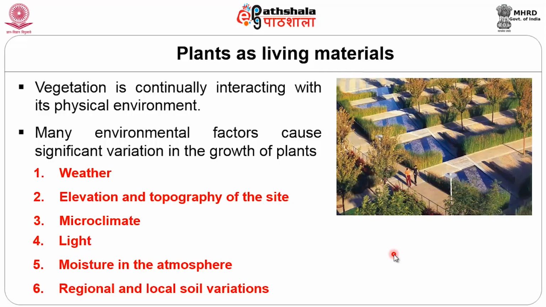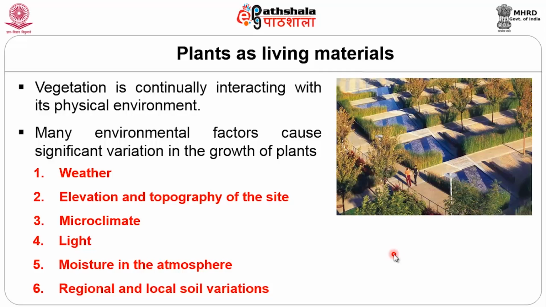Light is also an important factor which alters the quality of a particular space. Every plant is receptive to a certain kind of lighting condition, whether it's a semi-shade. Some plants require full sun, some plants can thrive in very low light as well.